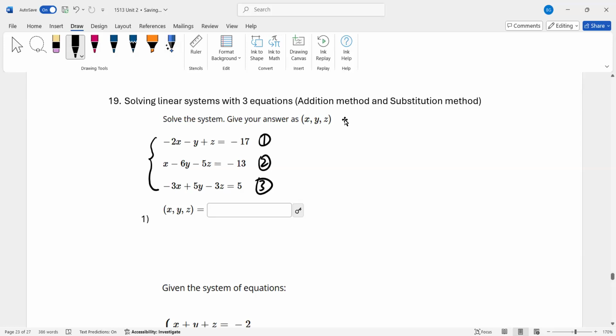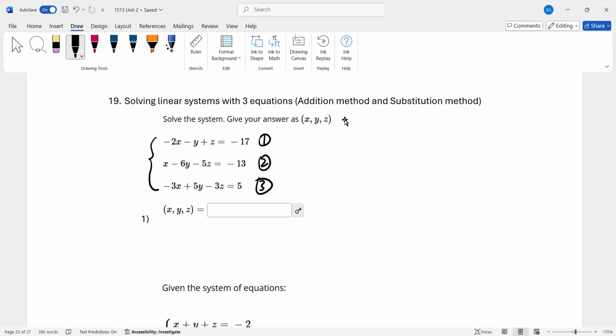When I look at the three equations, I'm looking at the three variables and their coefficients. I think what I want to do is I can get rid of z first. I can get rid of x easily as well.